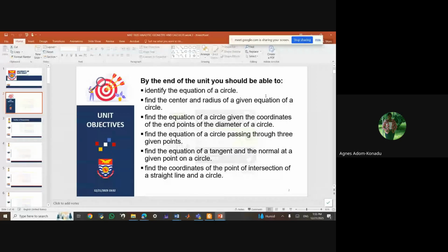You should be able to find the center and radius of a given circle, find the equation of a circle given the coordinates of the endpoints of the diameter, find the equation of a circle passing through 3 given points, find the equation of a tangent and a normal at a given point on a circle, and also find the coordinates of the points of intersection of a line and a circle. And I know that some of you can do all these things right now.